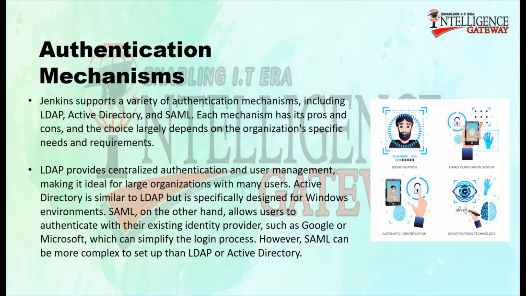Active Directory is similar to LDAP but is specifically designed for Windows environments. SAML, on the other hand, allows users to authenticate with their existing identity provider, such as Google or Microsoft, which can simplify the login process. However, SAML can be more complex to set up than LDAP or Active Directory.